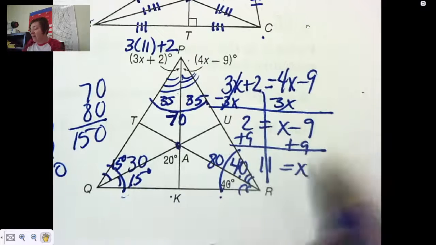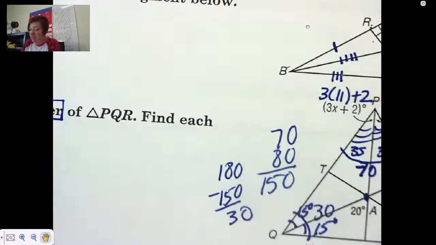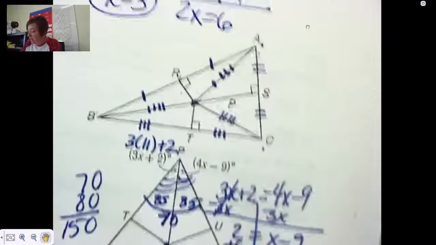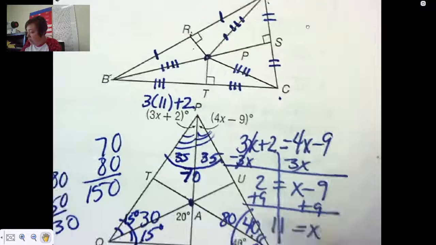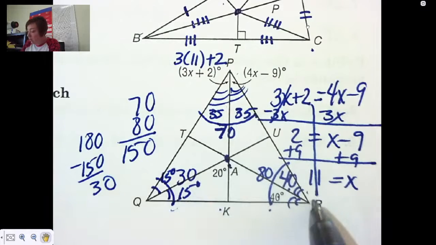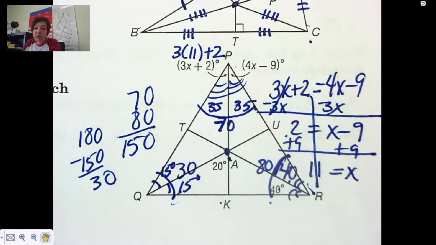Now, I haven't even looked at my questions yet. I don't know what they ask. I just wanted to find all the stuff I knew I could find. So if we go over here and it says angle ARU. So here's A, R, U. That's this angle. What does that angle measure? 40.